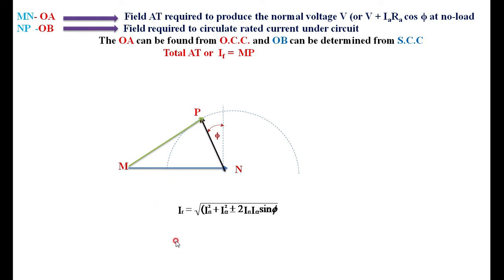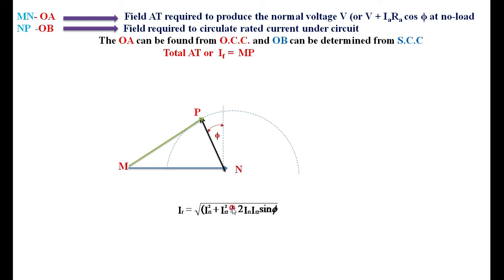Otherwise you have to go for a formula for finding out IF by the triangle. This equation is derived from this vector diagram itself. The total field current, or MP, can be calculated if you know IF1, IF2 and the power factor angle phi. The total field current is the square root of IF1 square plus IF2 square plus or minus 2 IF1 IF2 sin phi.